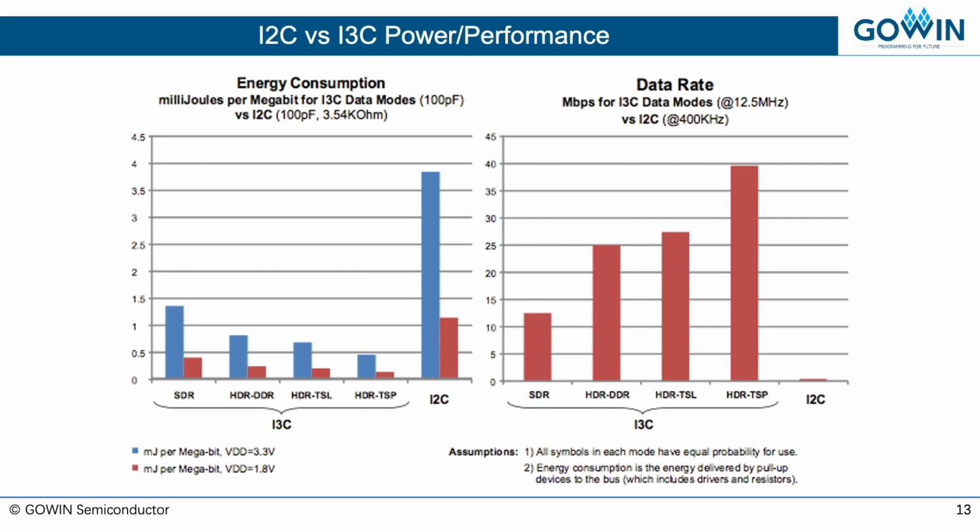It is because the actual data transfer happens in push-pull mode for the I3C devices, whereas the I2C devices are operating in open drain mode all the time, resulting in higher power consumption. As far as the data rate is concerned, there is no comparison. 25 megabits per second for I3C versus 400 kilobits per second for I2C.